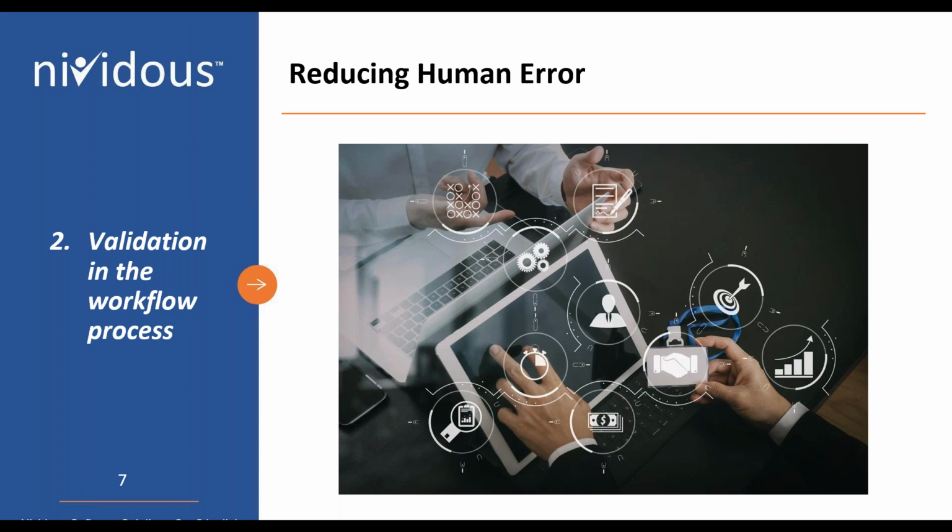So if you have the validation rules in place and something doesn't look right, you can flag that and say, hey, I want a person to take a look at this before we go forward. And so you kind of get the best of both worlds there, in that the drudgery parts of it are done automatically, but you still get the intelligence of a person to make the final call of whether or not something should go forward.